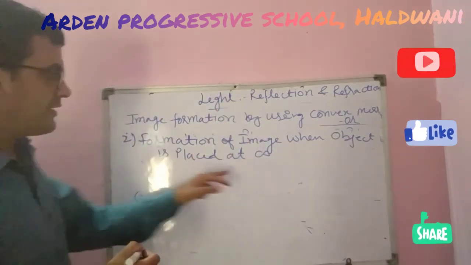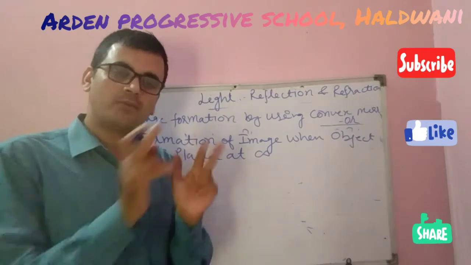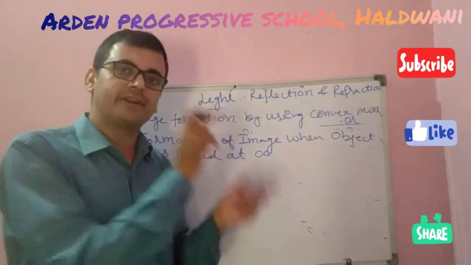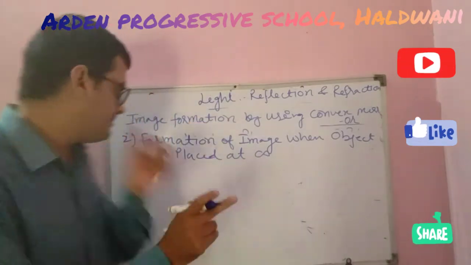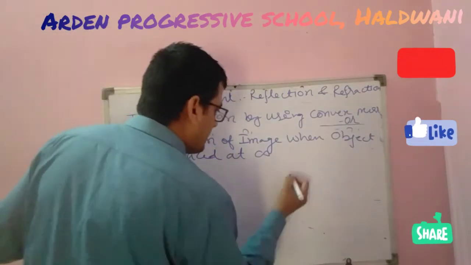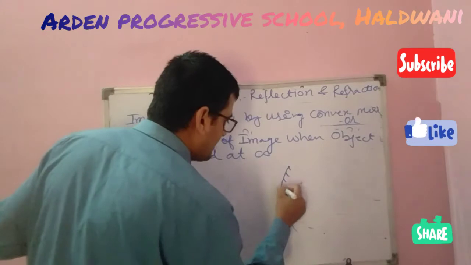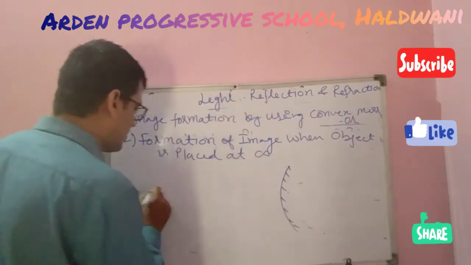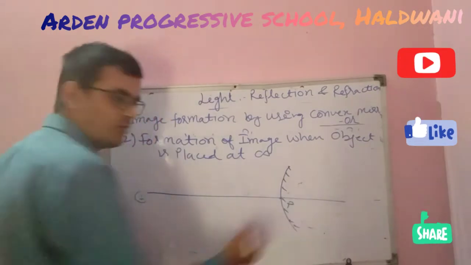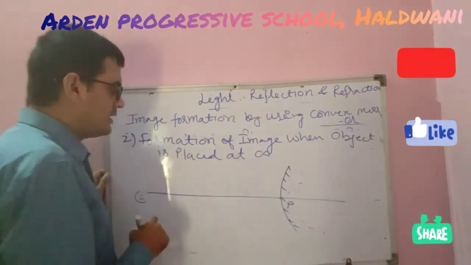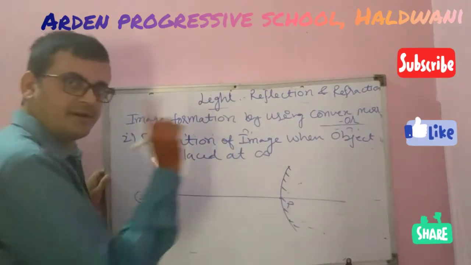This is different from the first one. In the first one we placed the object in between infinity and pole. In this case we have placed the object at infinity. First we will draw the convex mirror. This one is the convex mirror, this one is the principal axis and this one is the pole.